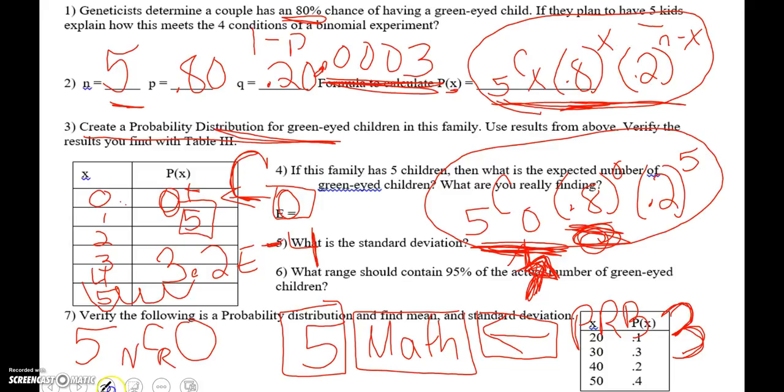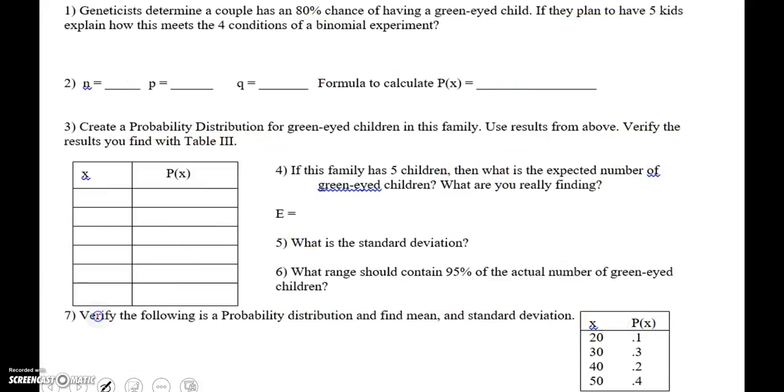Okay, I'm going to clear this screen off. And this was 0.00032. So we find this to be 0 with the little plus sign.